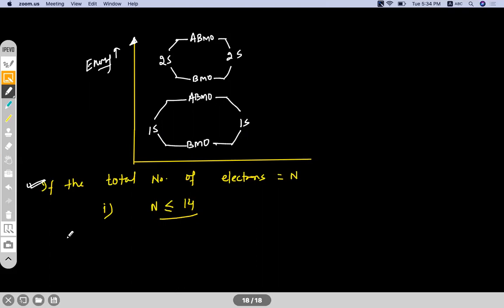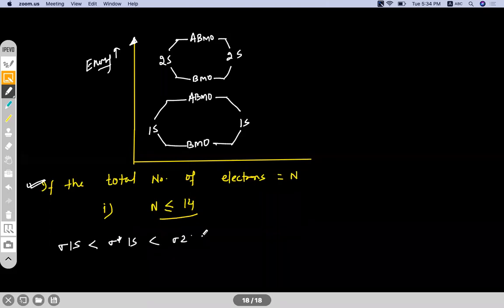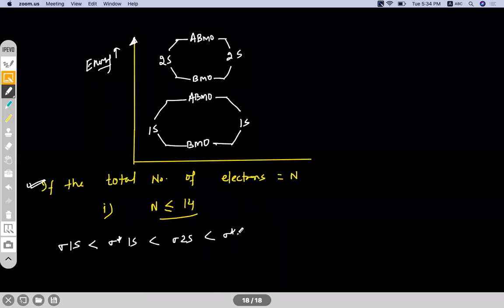Okay, so what is the energy order you see? Sigma 1s is minimum, then we have sigma star 1s, then sigma 2s, sigma star 2s.